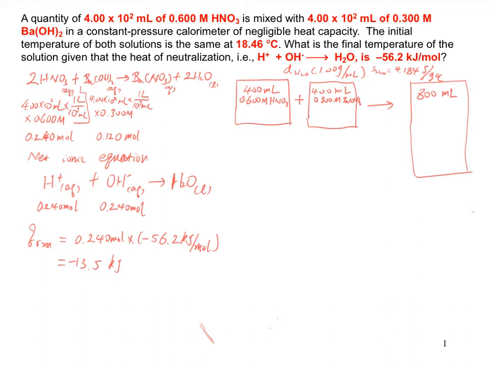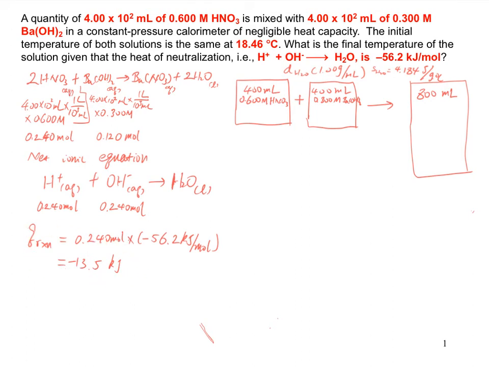Because both the acid and base solutions are very dilute, we can treat it as 800 milliliter of water with density 1.00 gram per milliliter and specific heat 4.184 joule per gram per Celsius. Now we know the amount of heat generated from the reaction.